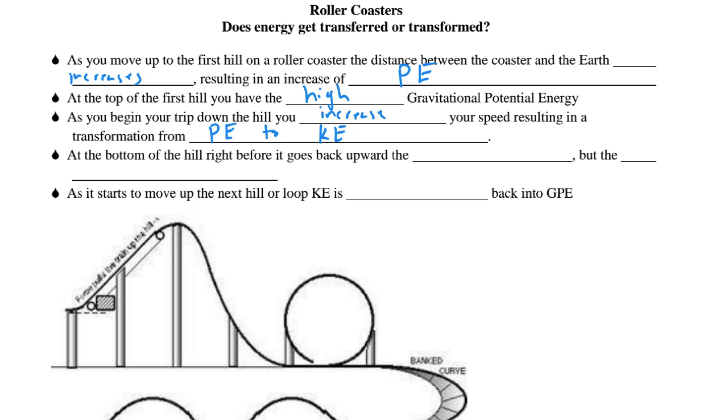At the bottom of the hill, right before it goes back upwards, the potential energy is low, but the kinetic energy is high. As it starts moving up the next hill or loop, kinetic energy is converted or transformed back into gravitational potential energy.